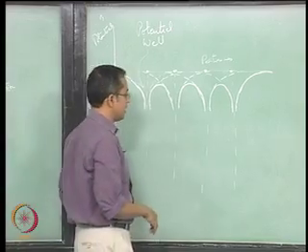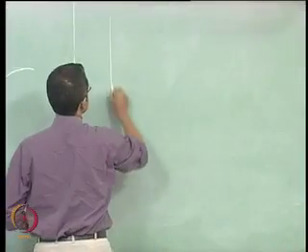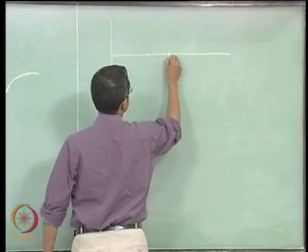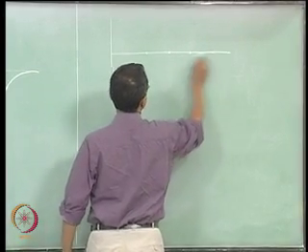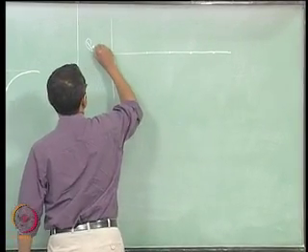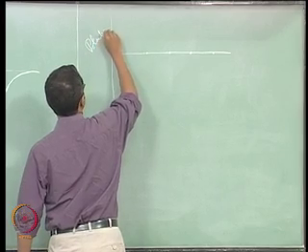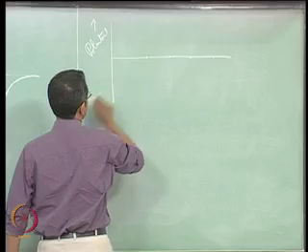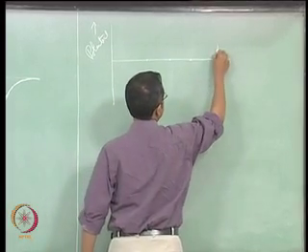So we will just redraw it for the sake of clarity. Potential or energy it is, okay. So it is basically the same, potential or energy, and this is position.